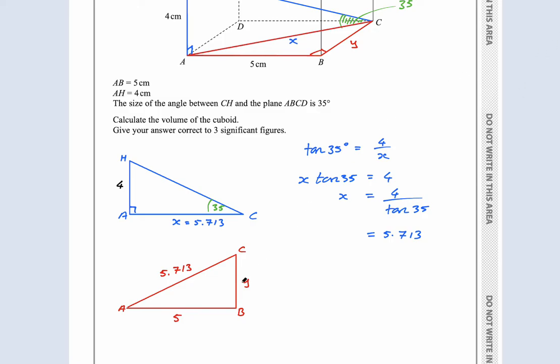How am I going to get y? Yes, you guessed it, Pythagoras' theorem, because this is a right angle. So y squared plus 5 squared equals 5.713 squared.